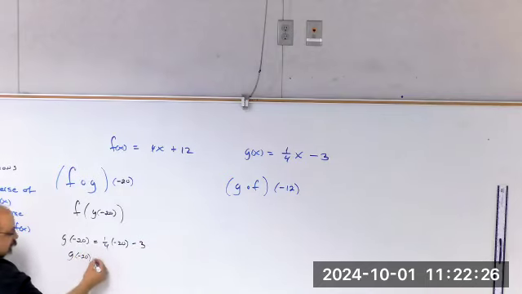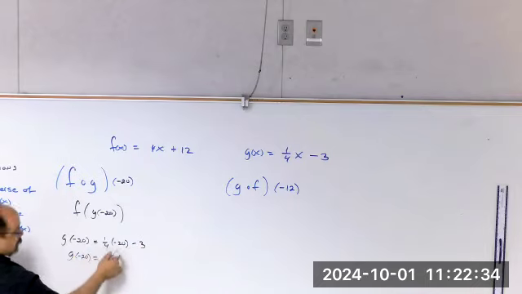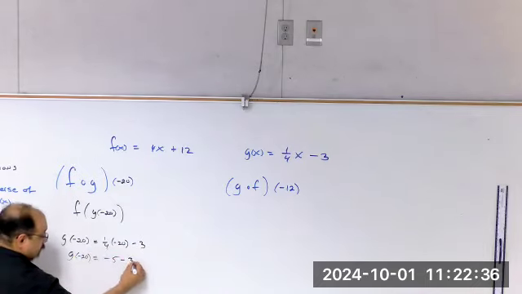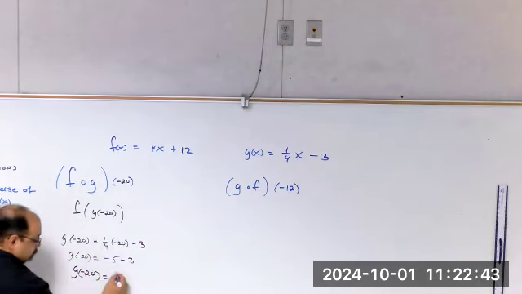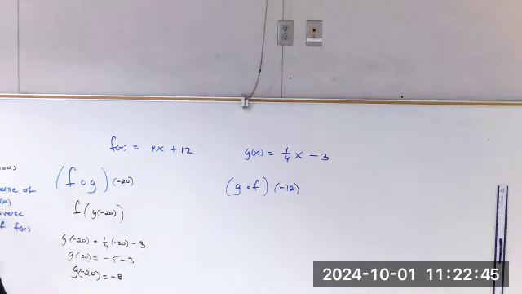What's 1/4 of negative 20? 5. Just 5? Positive times negative? Negative 5. Negative 5 minus 3, and what's negative 5 minus 3? Negative 8. So G of negative 20 is equal to negative 8.